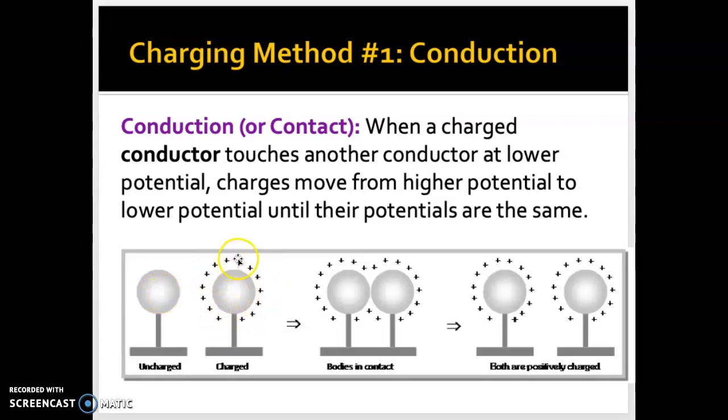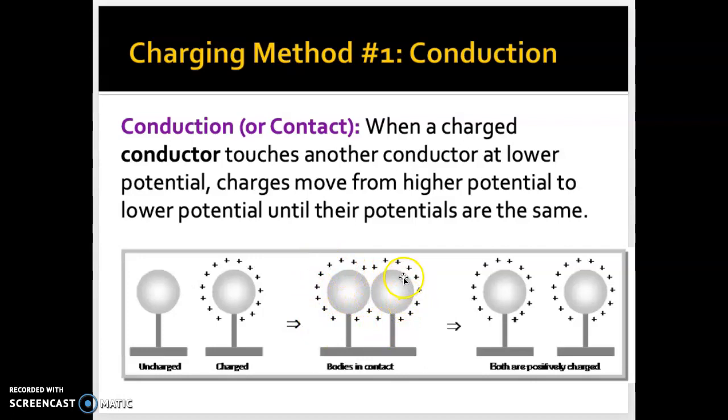The positive charges, well, positive charges actually don't flow. It's electrons flowing, but let's just for a minute think that they're positive charges that can flow. The other metal touches it. Positive charges don't want to be near each other, so they flow over to the other one, and now both metal objects are positively charged.